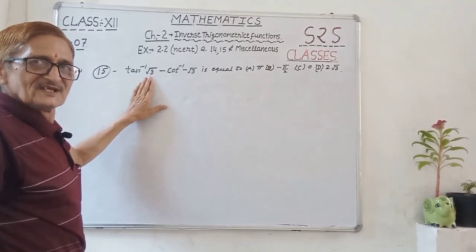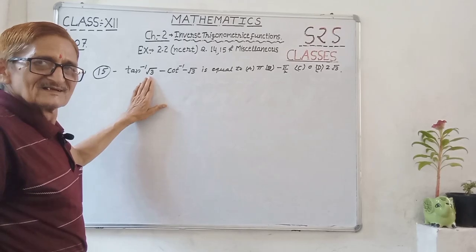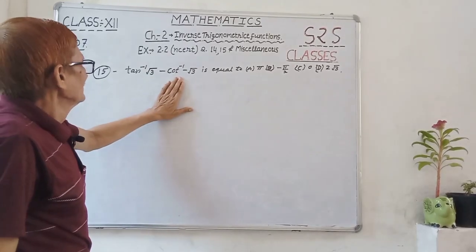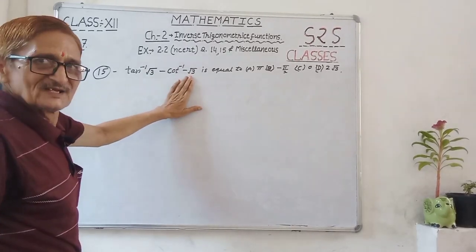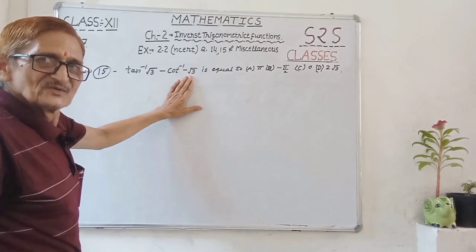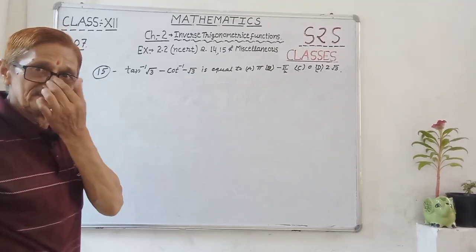Tan inverse root 3 minus cot inverse minus root 3. You can take the values directly.